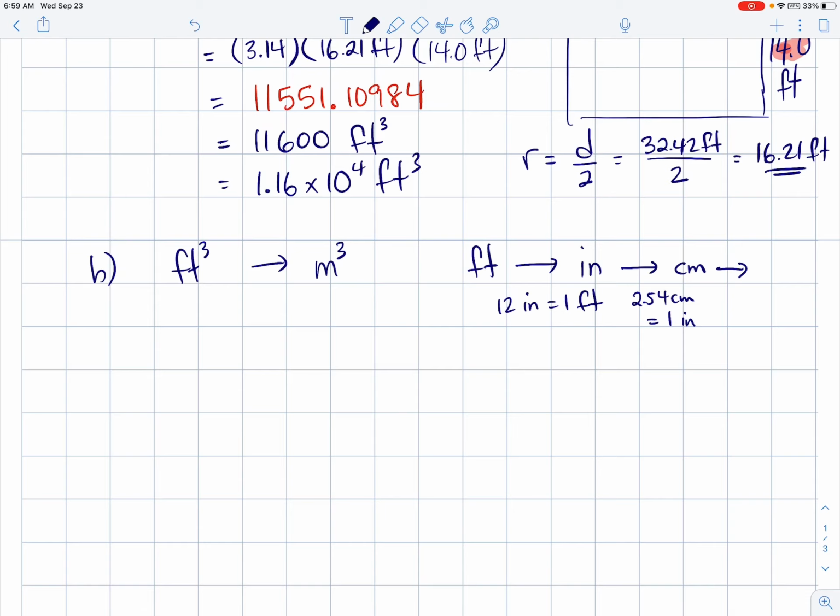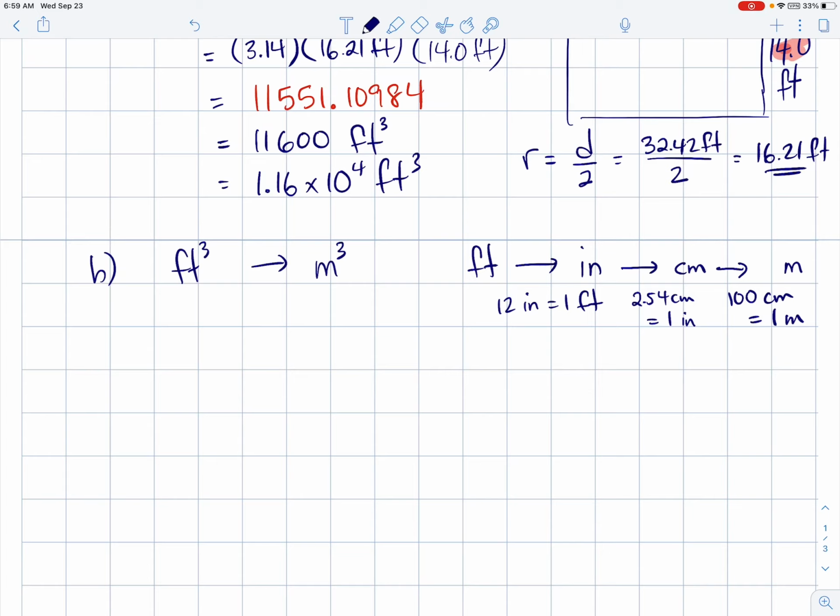And finally, I know how to convert centimeters to meters because I have another fact in my head. The prefix centi, just like in the word century, means 100. There are 100 centimeters in 1 meter. Right? There's another fact that I have. And again, that's an exact number. It's not like it's 99.8. It's exactly 100 centimeters in a meter.